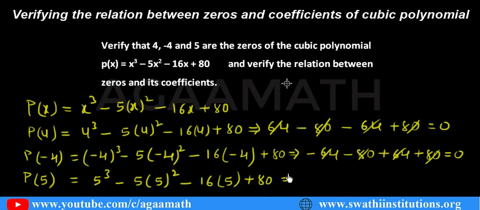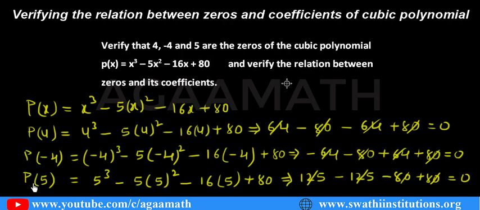Now simplify these values. 5 cube is 125, minus 5 square is 25 into 5 is 125, minus 80 plus 80. So 125 minus 125, minus 80 plus 80, equals 0.